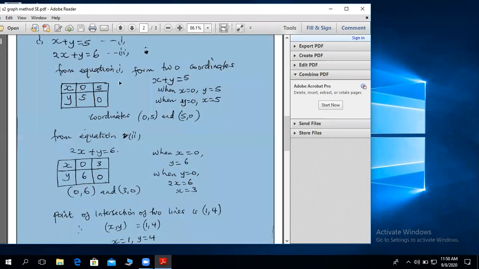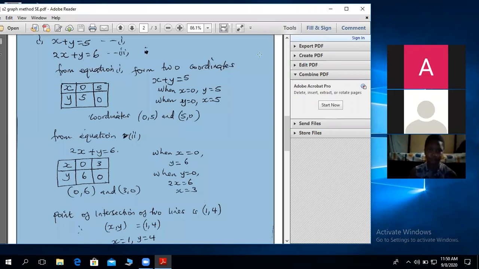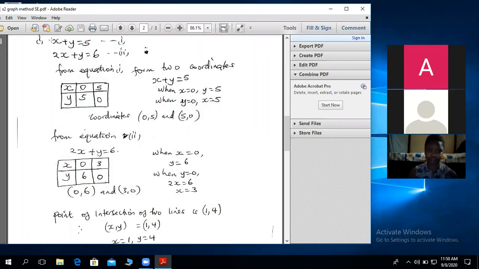I'm forming coordinates for each equation. The first equation, I'm saying when x is equal to 0. No one should tell you to use 0 or what. It should be up to you. You can even say let x equal to 1, and when x is equal to 1, you will get y equal to 4.